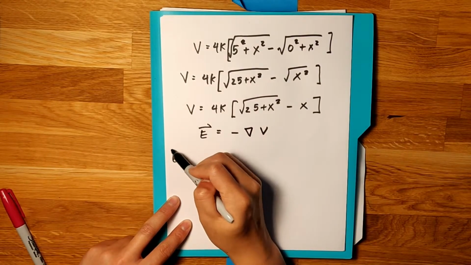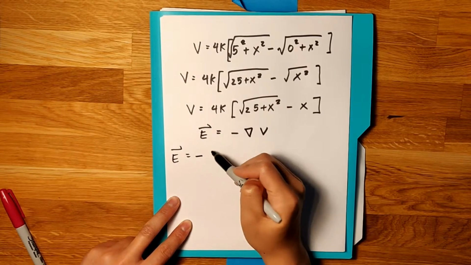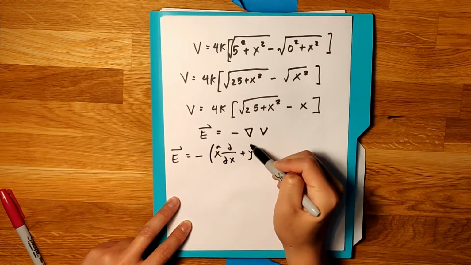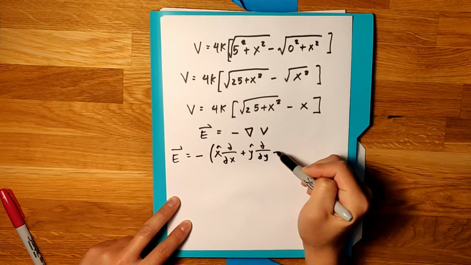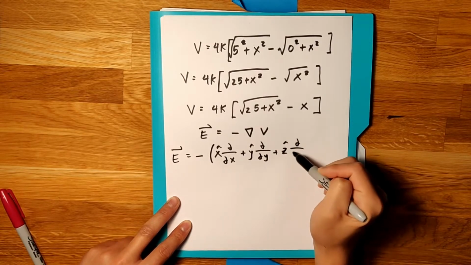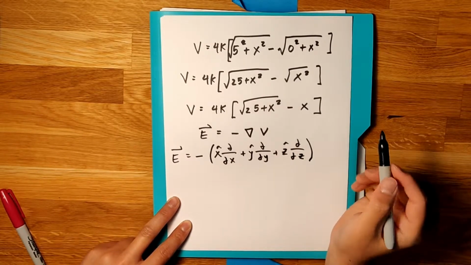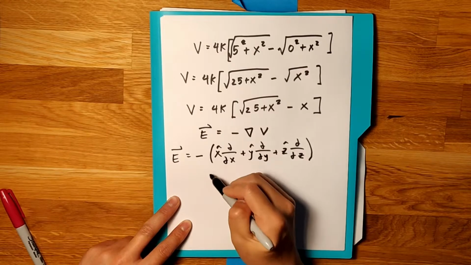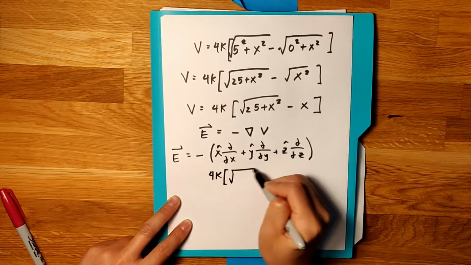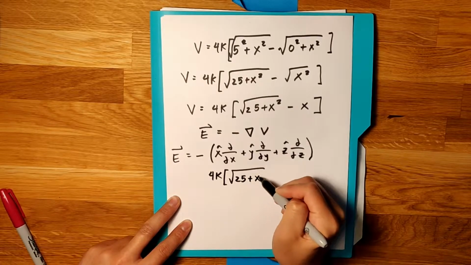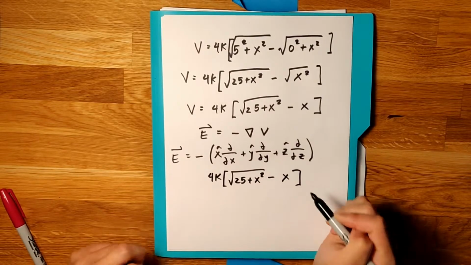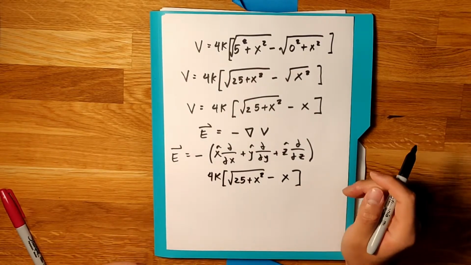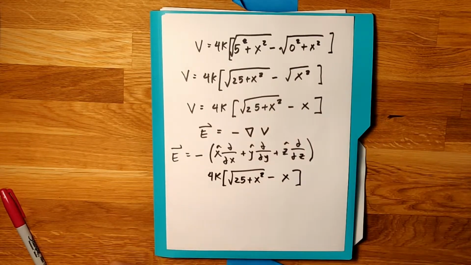And you should remember what the gradient is. If I put a negative outside, it will be x hat partial derivative of x plus y hat partial derivative of y plus z hat partial derivative of z. And it will be V, the electric potential, 4k times the square root of 25 plus x squared minus x. If you look at our electric potential, you should realize that we don't have any y or z components.